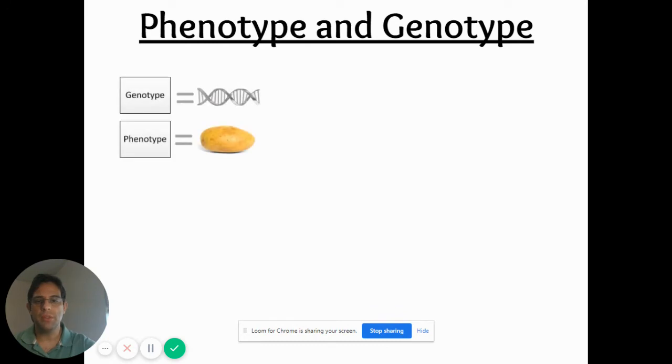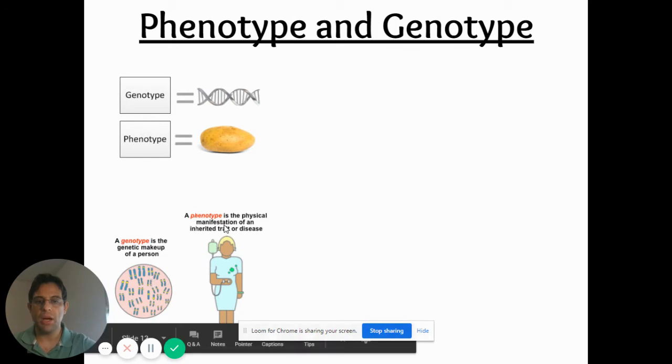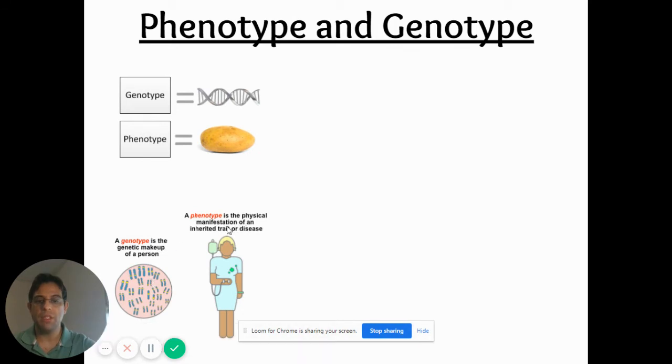Here is another example: genotype is whatever information you have in your DNA, and phenotype is the physical characteristic you can actually observe. The genotype is the genetic makeup of a person, while the phenotype is the physical manifestation of an inherited trait or disease.